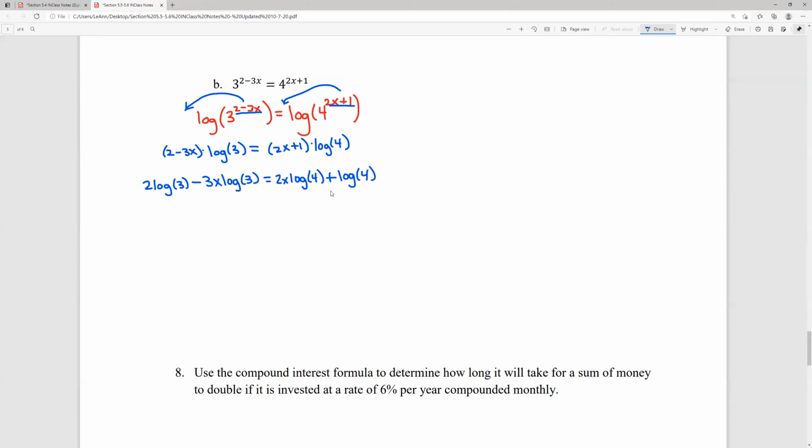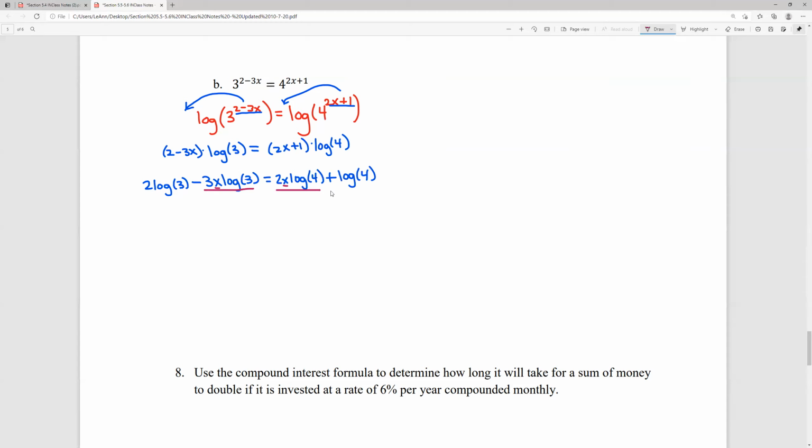Okay, so now that we've got that done, I'm going to use the purple color. Notice this term and this term both have the letter x. So our goal will be to get them on the same side together and anything that doesn't have x to go on the other side. So I like having everything positive with my log. It's personal preference. You don't have to.